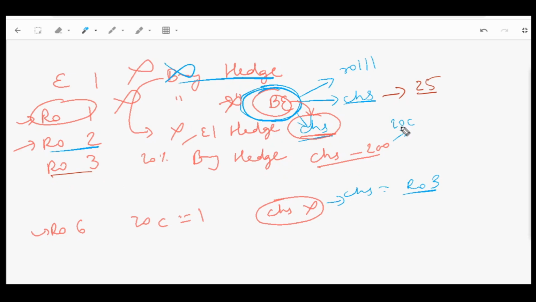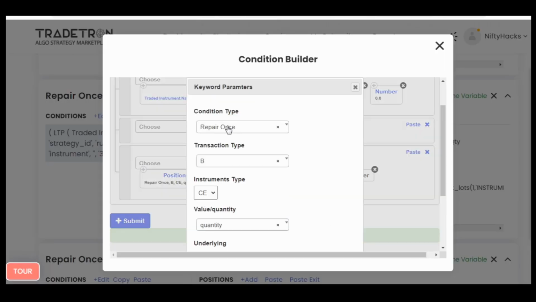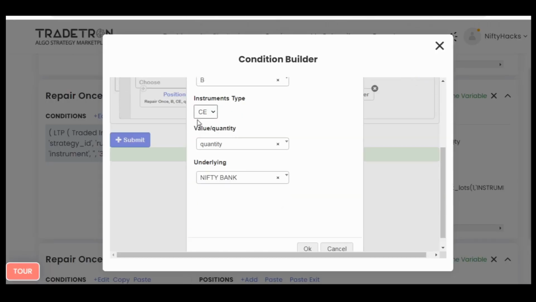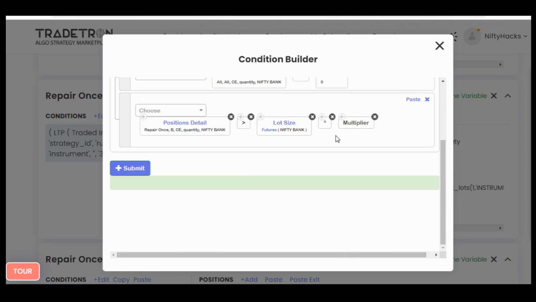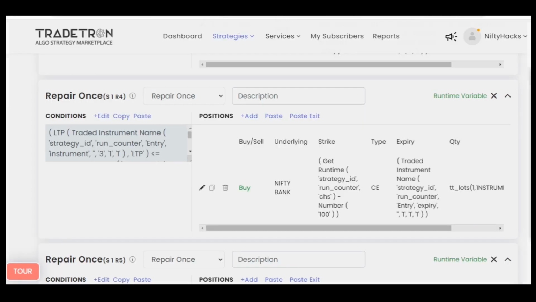Then as soon as this RO3 happens, our RO hedge quantity would be 25 plus 25, 50. So 50 is greater than 25, and 25 is the lot size. So that's why I have used here that our repair ones buy quantity of call is greater than 25. That means at least 2 adjustments have happened already. This is just to know that.